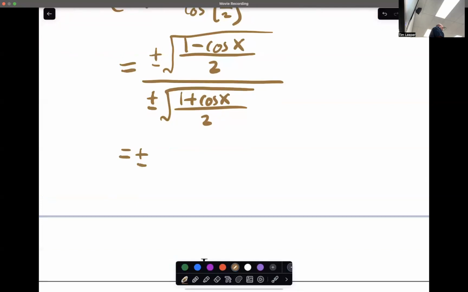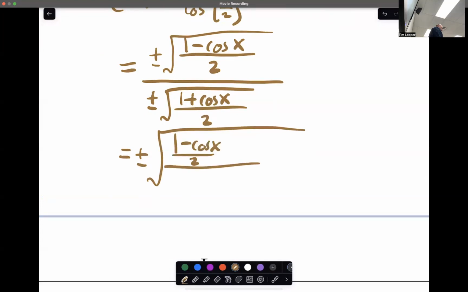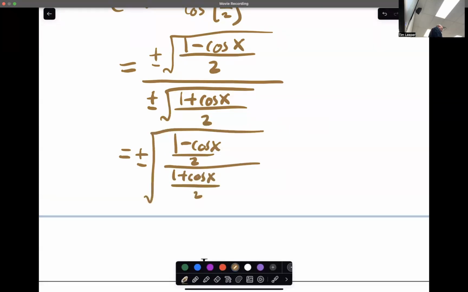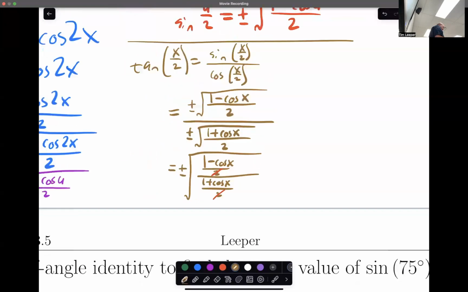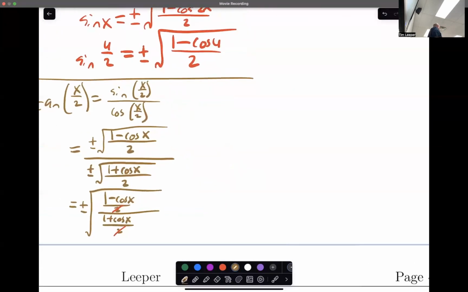First of all, we just put one big plus or minus out front and then combine this into a single radical as 1 minus cosine of x over 2 all over 1 plus cosine of x over 2. But notice that the 2's are in the denominators of both numerator and denominator, so they will cancel each other. And what am I left with? 1 minus cosine x over 1 plus cosine x.